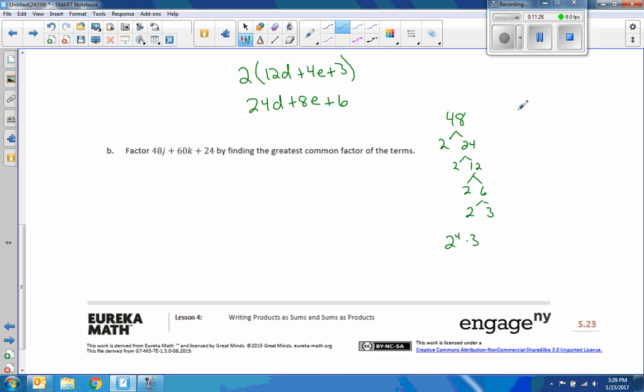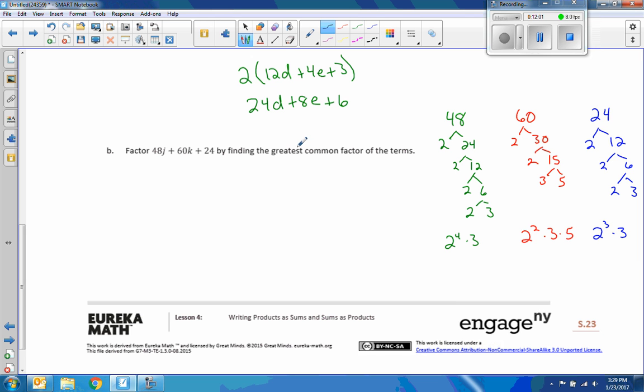Now I'm going to do 60, which is 2 times 30, which is 2 times 15, which is 3 times 5. So that's 2 squared times 3 times 5. Okay, prime factorization. And now we're going to do 24. 2 times 12. 2 times 6. 2 times 3 gives me 2 to the 3rd times 3.